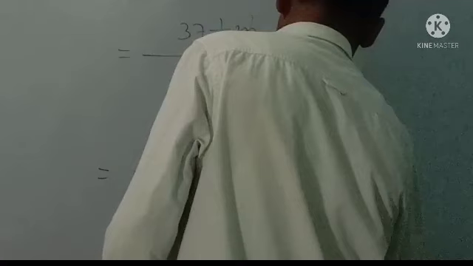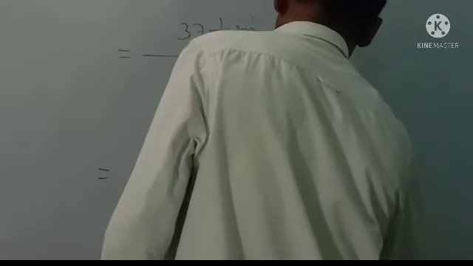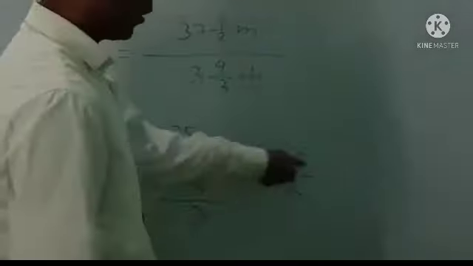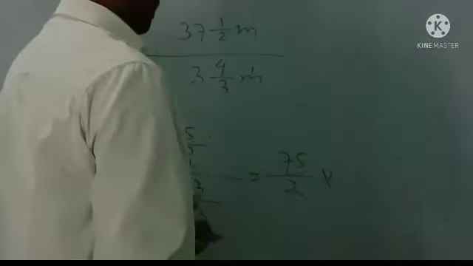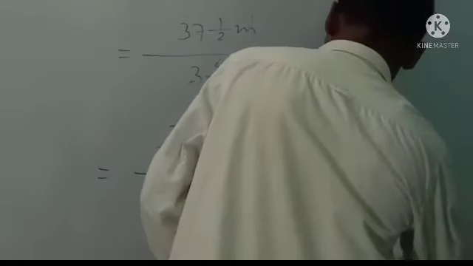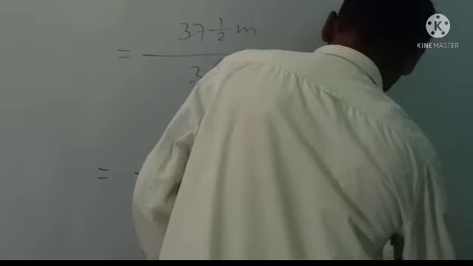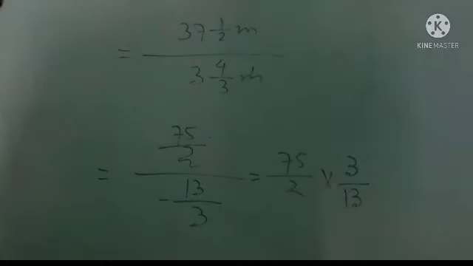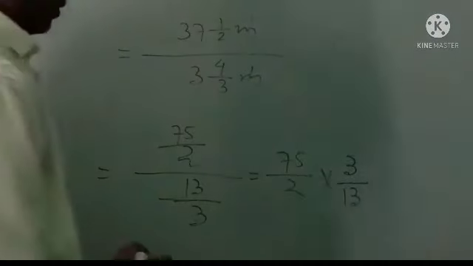Now in the following step, 75 by 2, and this divide will turn into multiply, and whenever the divide sign turns into multiply, the next fraction you have to write in reciprocal order. That means the denominator will go to the numerator place, and the numerator will come to the denominator place.